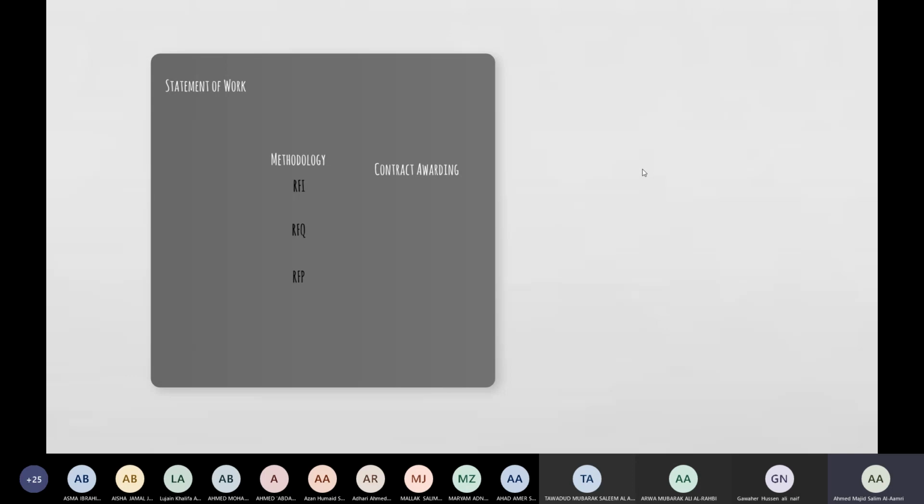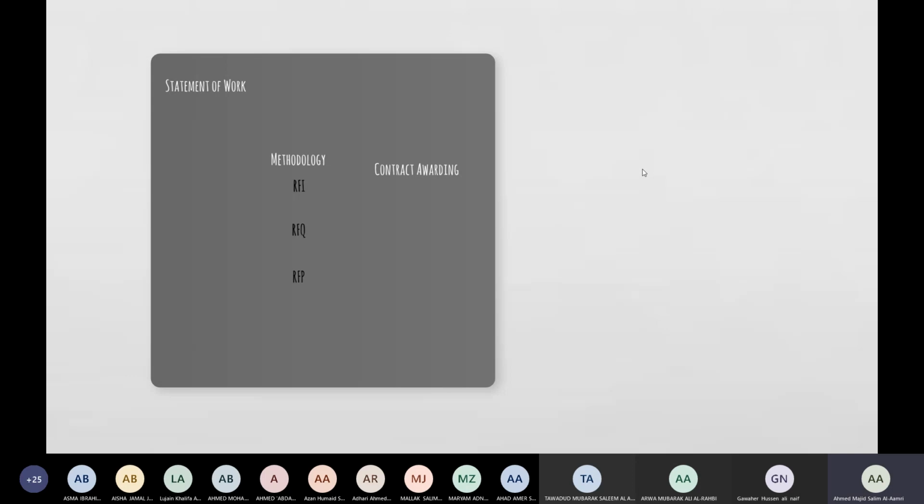Now you can see, whatever we have done till now, we didn't sign any contract with the other person. We prepared our statement of work, the delivery system, the payment method, and the methodology we require. Then the next step is the contract awarding.